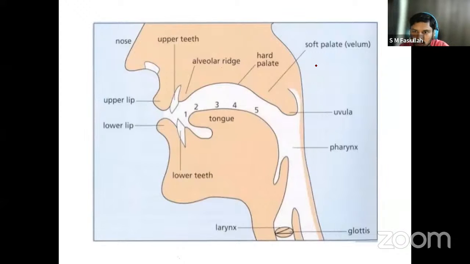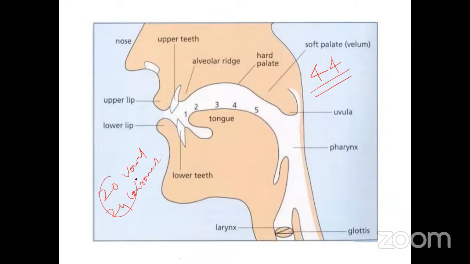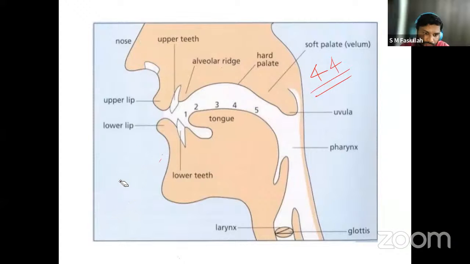And when it comes to English, how many different kinds of sounds do we have? 44 different sounds, which includes 20 vowel sounds and 24 consonant sounds. So a total of 44 sounds are there in the English language. We are not talking about letters.